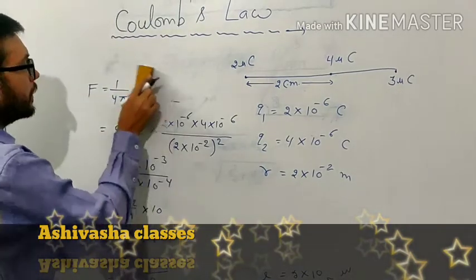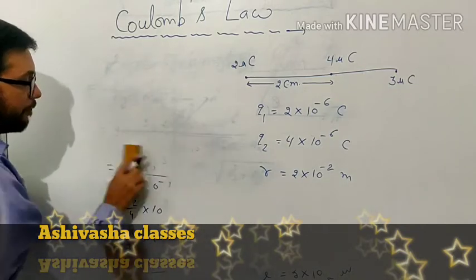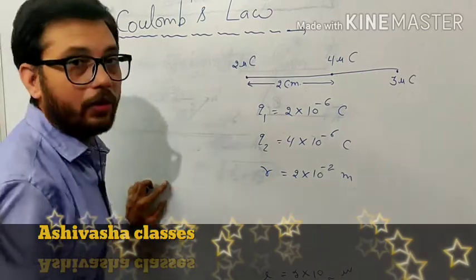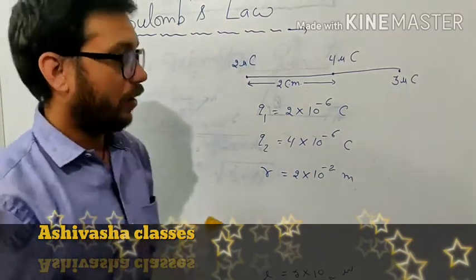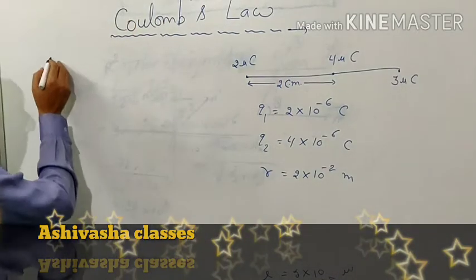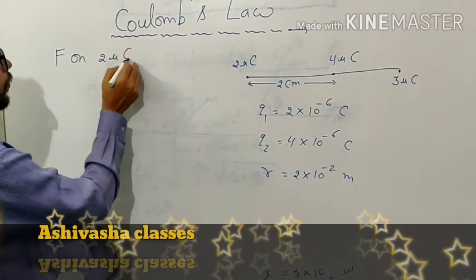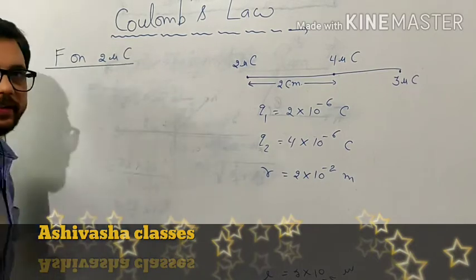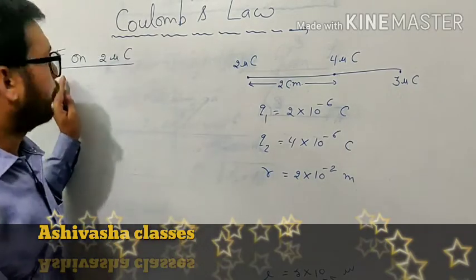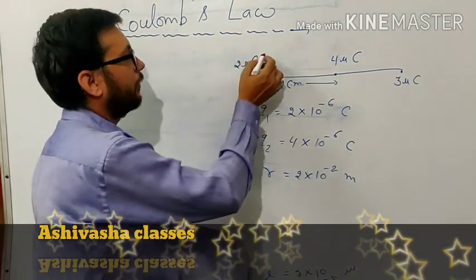In such a condition, if we have more than two charges, then we have to find the force on any one charge out of the 3. So suppose we want to find the force on 2 microcoulomb. This is our target.